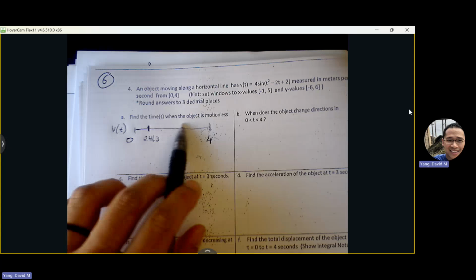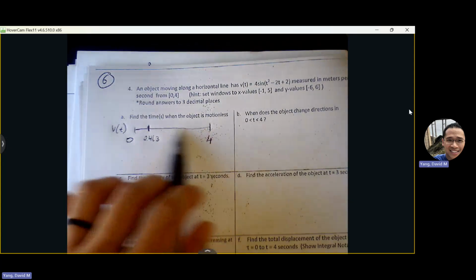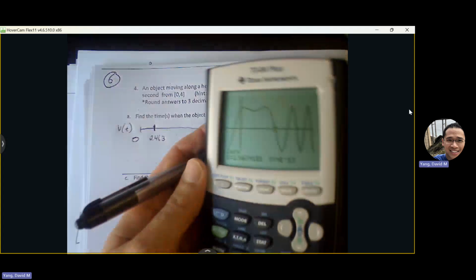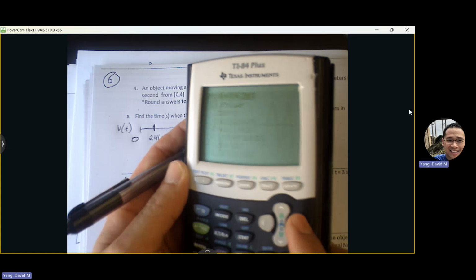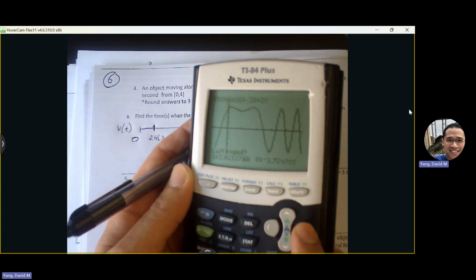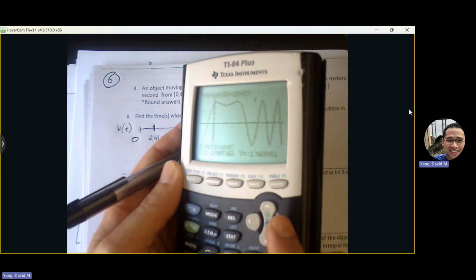I'm potentially doing a little bit more than I need to. It's only asking for times when the object is motionless, but I'm going to go ahead and just place them onto my sign line. It's going to be helpful down the road. Second trace, zero. I'll pick a point to the left of my x-intercept, hit enter.